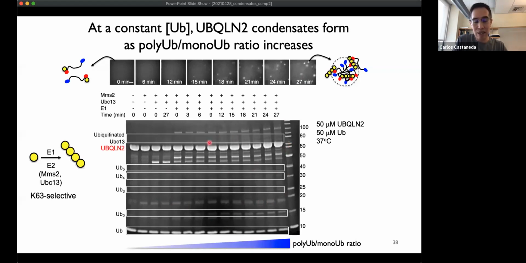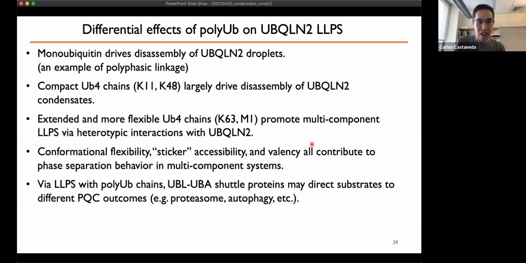And that's coincident with what we think is occurring, whereby we are changing the polyubiquitin and monoubiquitin ratio. We've made a polyubiquitin chain. We still have a lot of monoubiquitin around, but we're making K63 polyubiquitin. This is exactly what we think is happening inside cells, where you have this modulation of activity based on the types of chains that are present. So with that, I'm going to end with my take-home messages of how monoubiquitin can drive disassembly of these droplets, right?